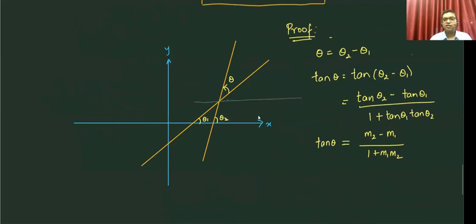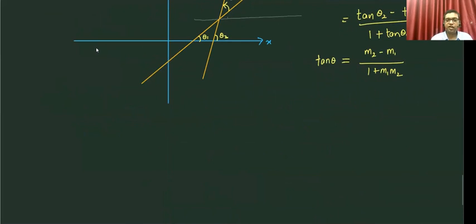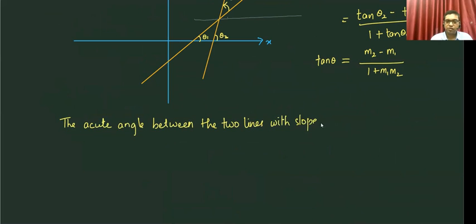All right, so if you want to get the acute angle between the two lines with slopes m1 and m2, it is tan theta equal to the modulus. Just take the modulus.